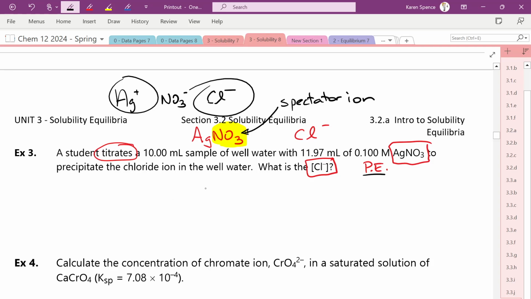So we're going to have AgCl over here. And we're going to have Ag and Cl over here. And you guys are going to critique my equation. States, thank you.